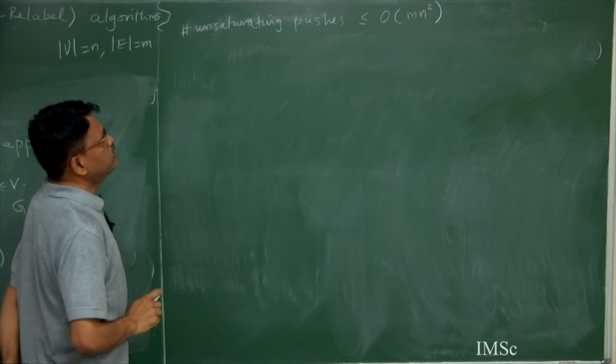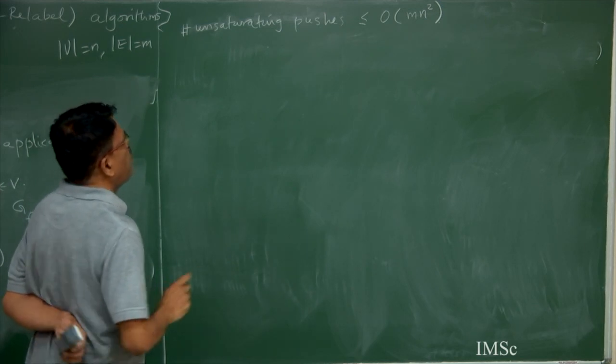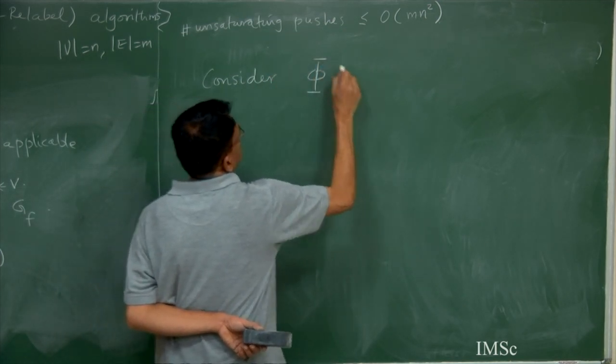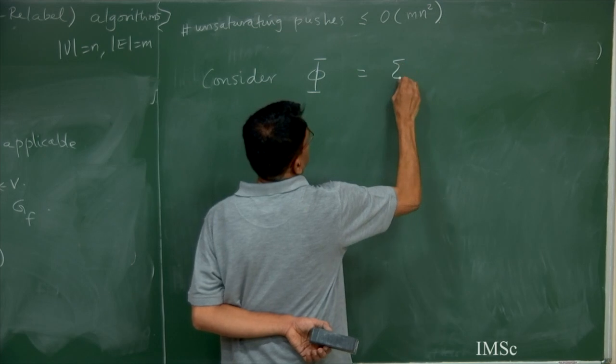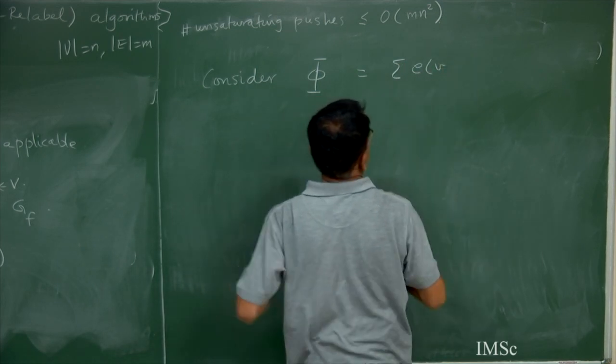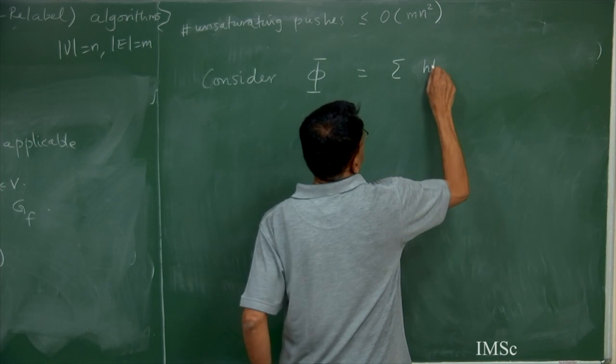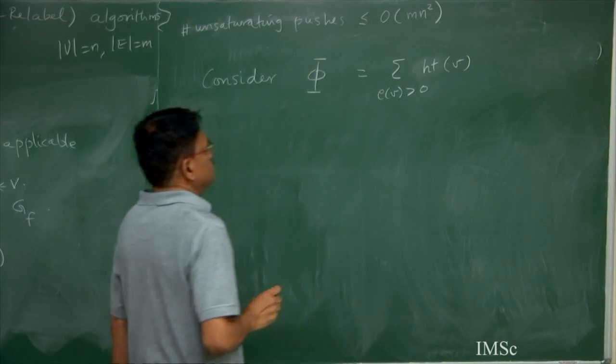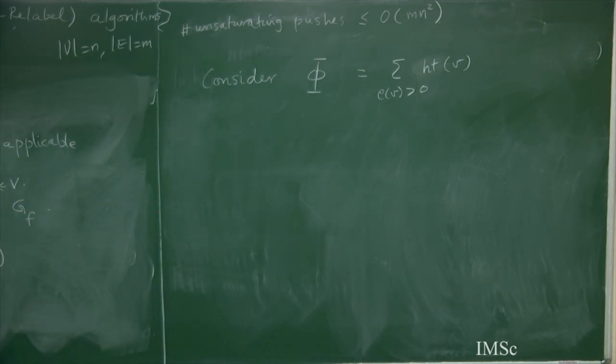Right. So what we're going to do is consider at any point of time this potential, which is equal to summation. What is happening in an unsaturating push? The good thing about a saturating push is that an edge goes out of the residual network.